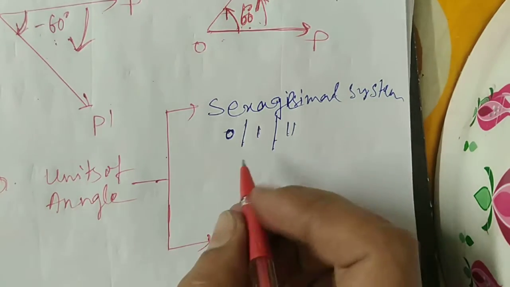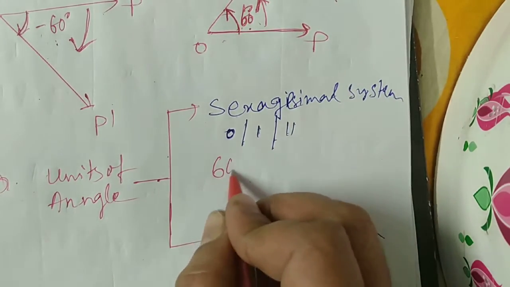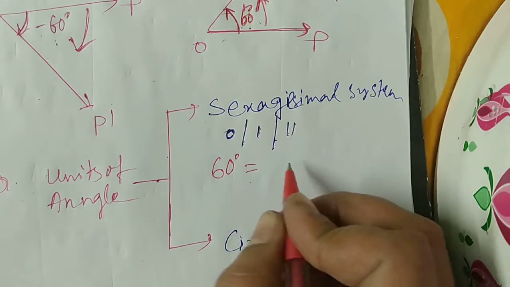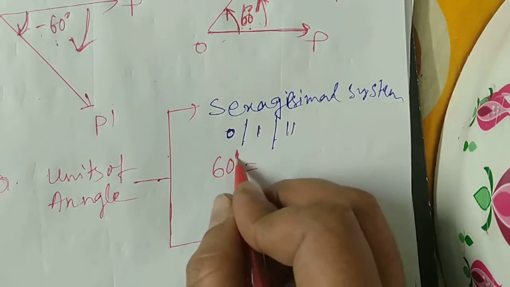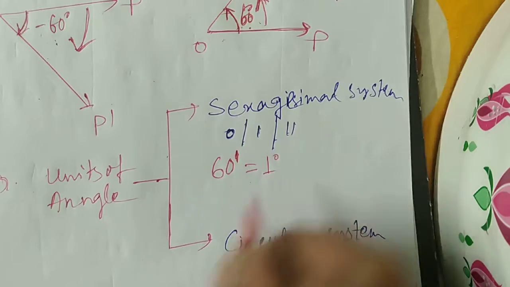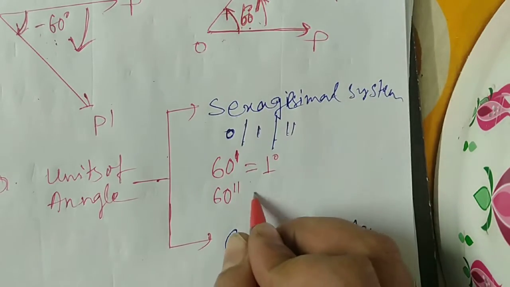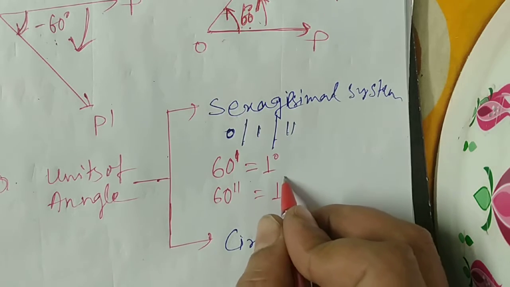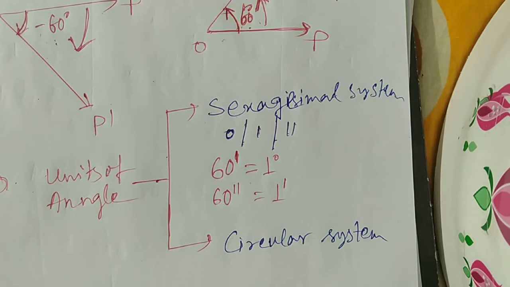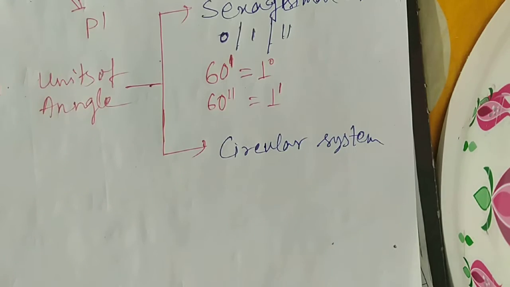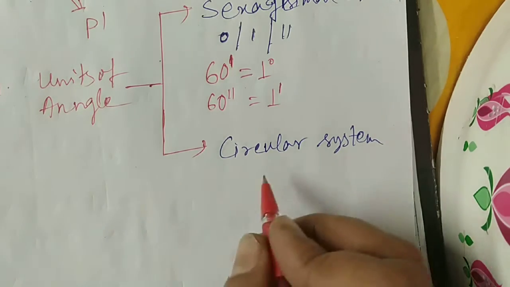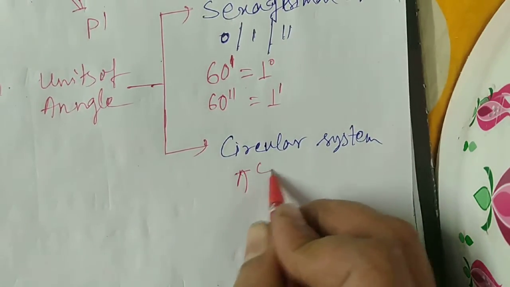Everyone knows that 60 minutes equals 1 degree, and also 60 seconds equals 1 minute. Okay, and for the circular system we measure the angle by pi radian.